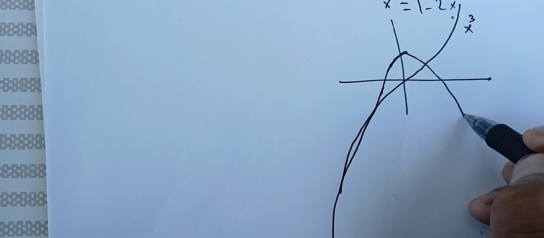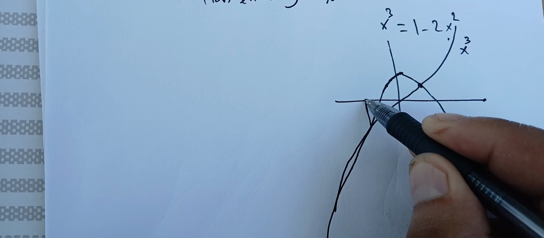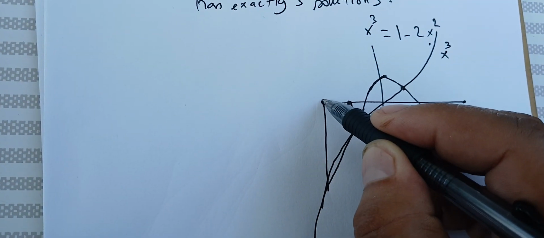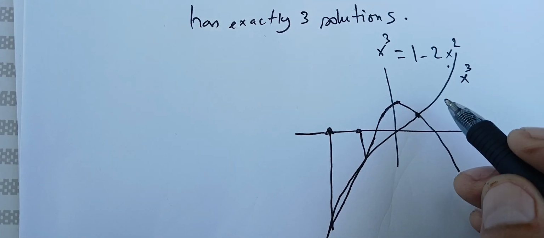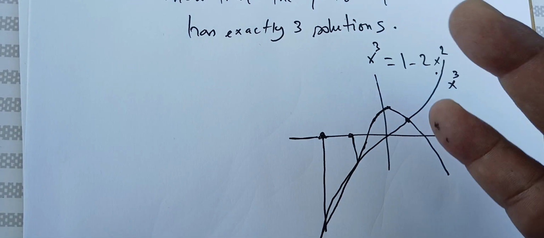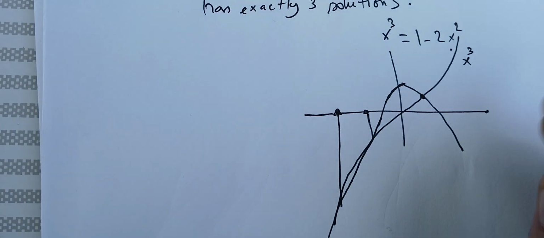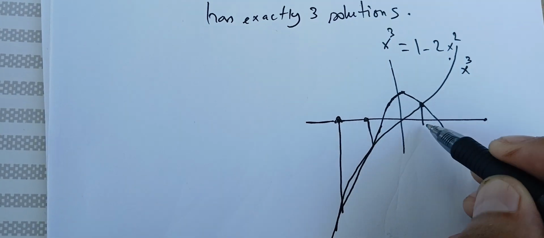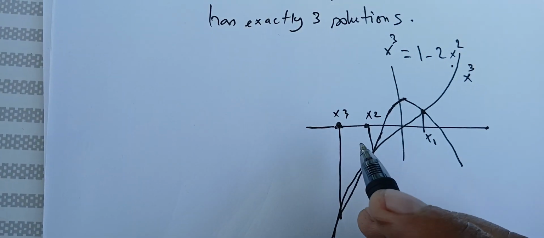Therefore we have this one and this one. This is an approximation. It's not exactly the way they should look, but we have a 90% accurate idea about what's going on. So our first value is this x1, this is x2, this is x3.